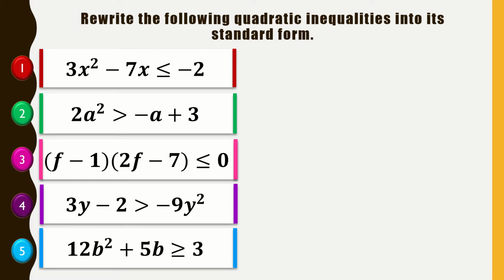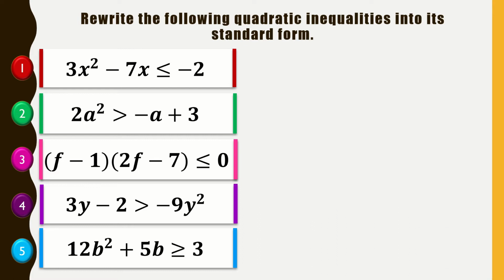form. Like what I've said in my lesson 9 video, this is the same with quadratic equation, only that this one uses inequality symbols. So let's try number 1. 3x squared minus 7x is less than or equal to negative 2.